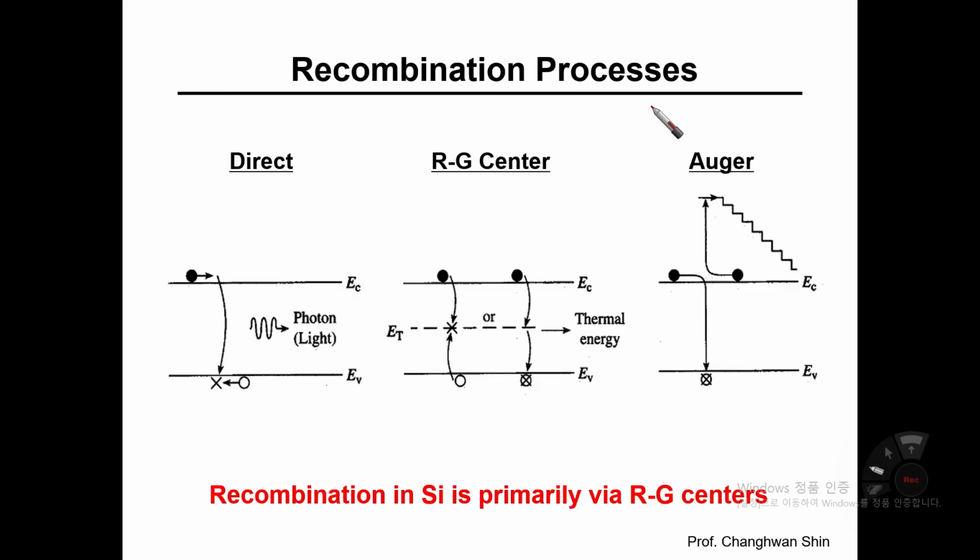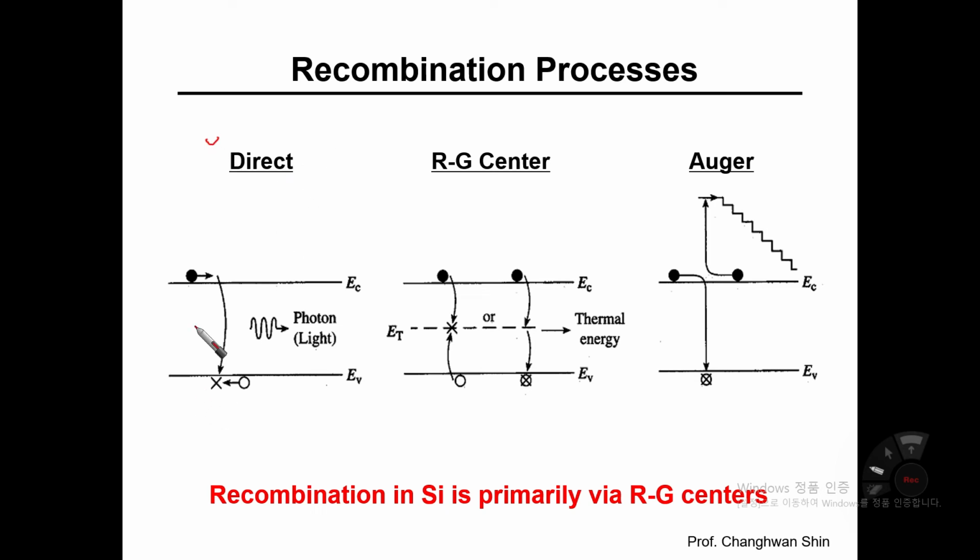Now let's move on to the details of the recombination process. All the processes shown in this slide are quite the opposite of the processes we learned in the previous slide. The very first type of recombination process is direct recombination.